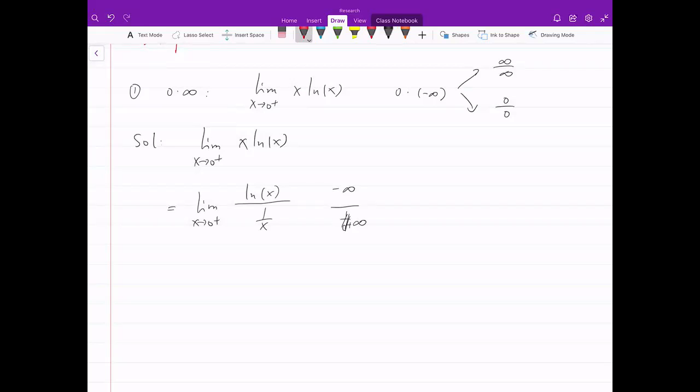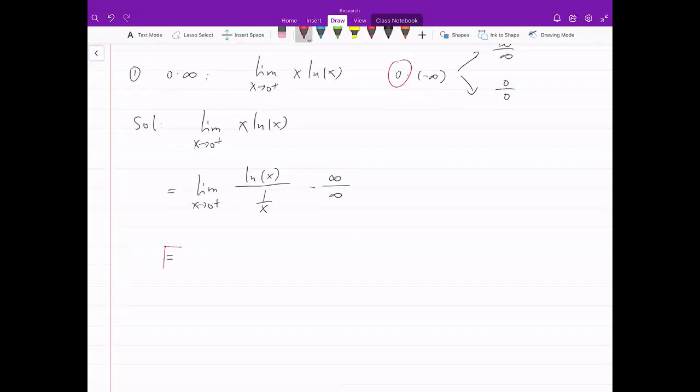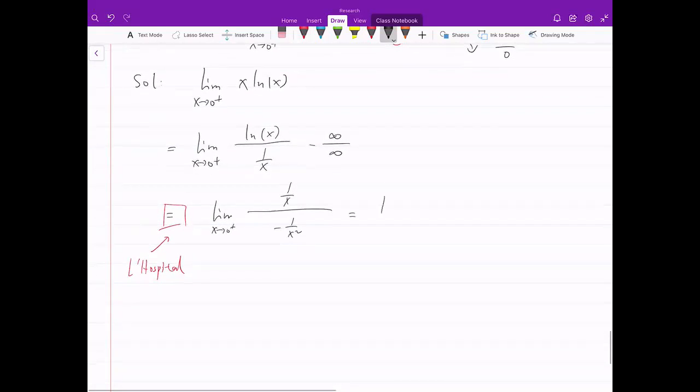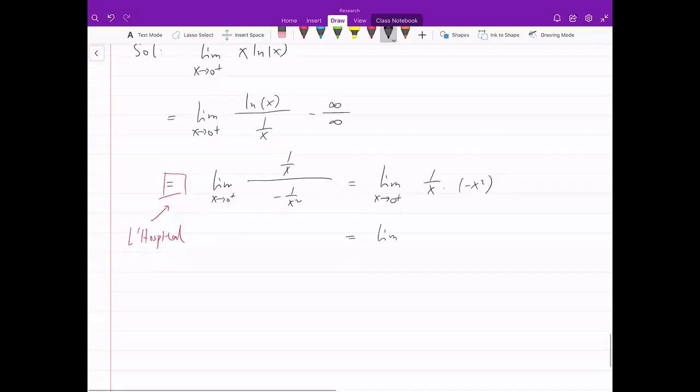By flipping this one, you made it the infinity over infinity case. Therefore, you can use L'Hopital now. Then what you have is the derivative, which is zero.